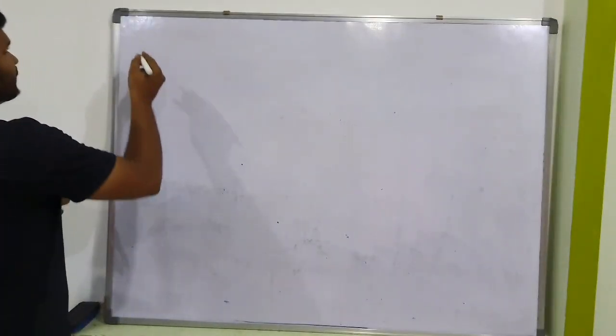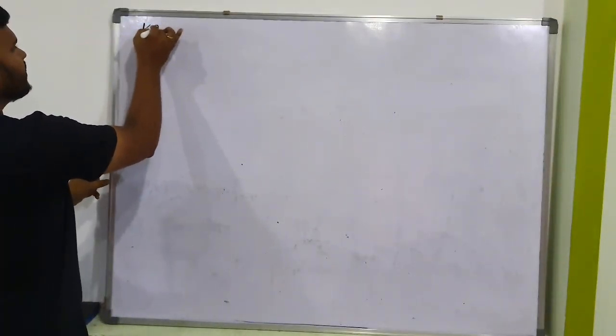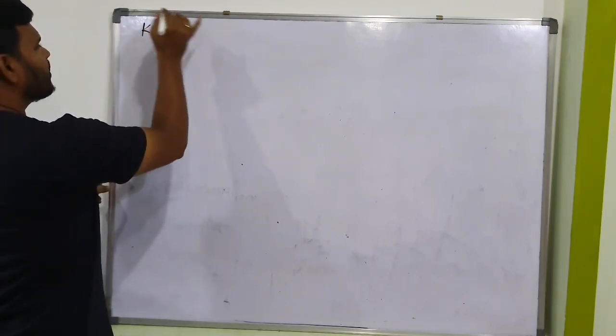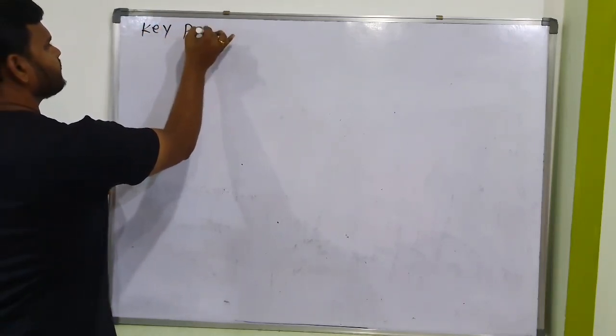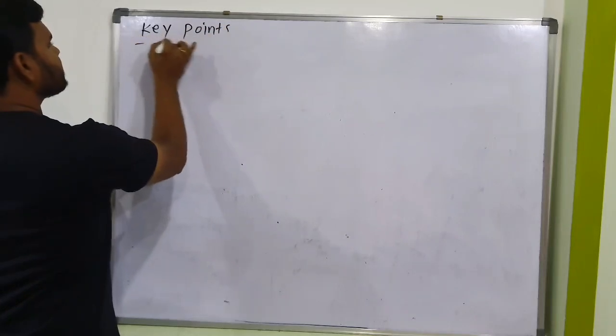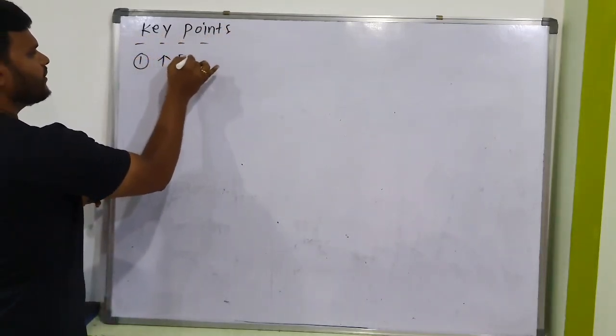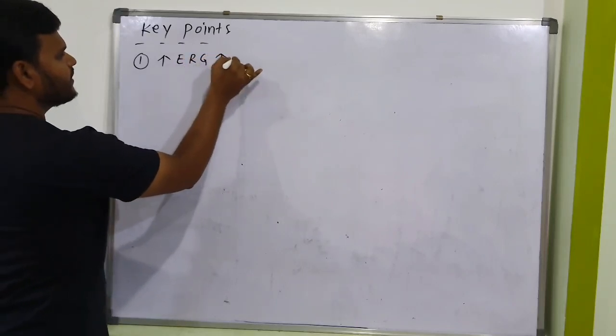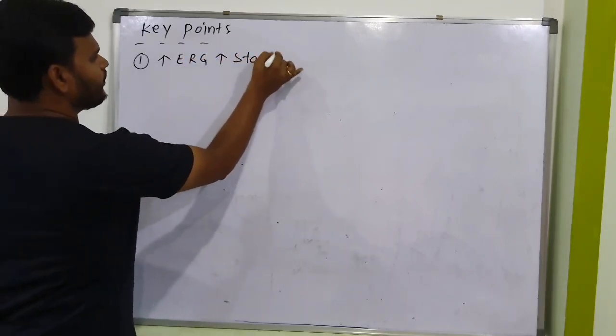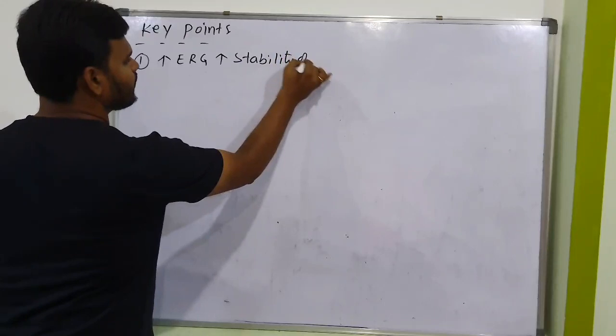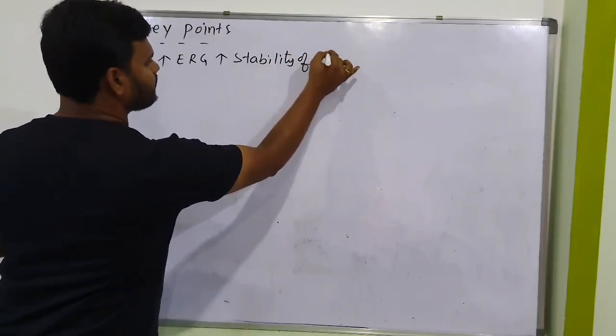Once again, what are the main key points? Till now, what key points have we discussed? First point, increase the electron releasing group, increase the stability of carbocation.